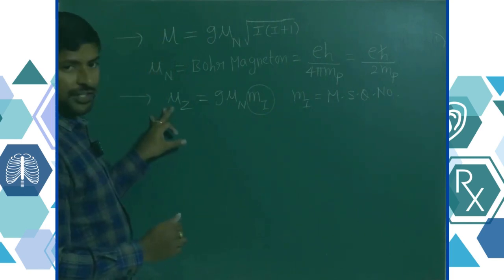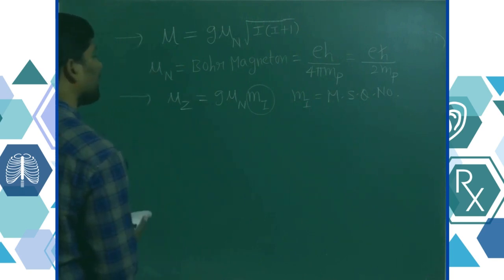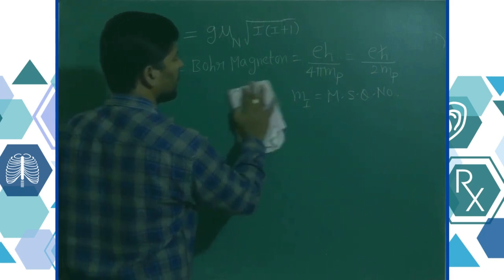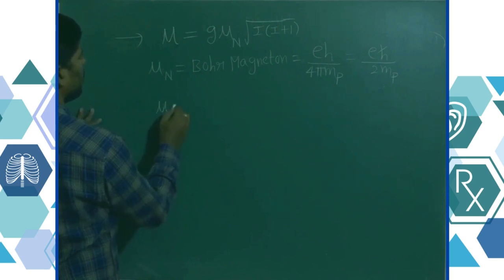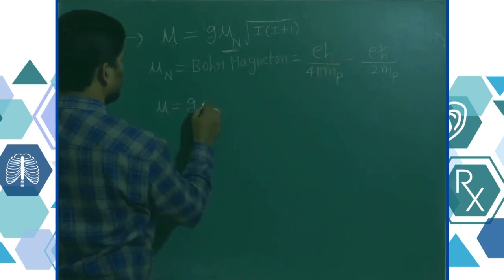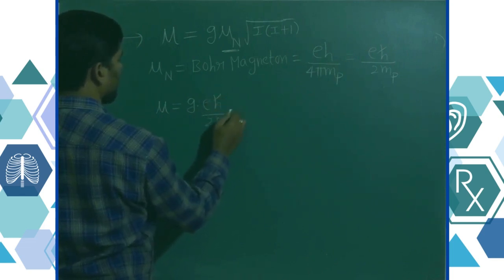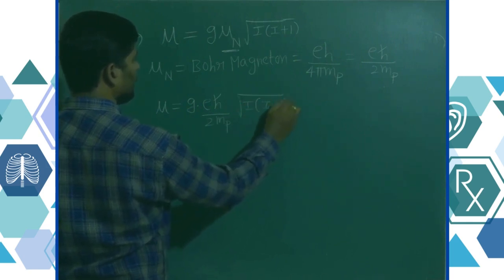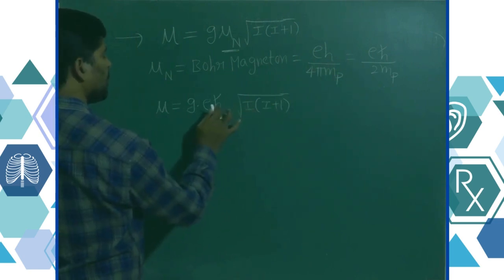Z component magnetic momentum, g mu n mu I. Here, mu is equal to, we can write g mu n as e h bar by 2 mp, square root of I into I plus 1, into h bar.